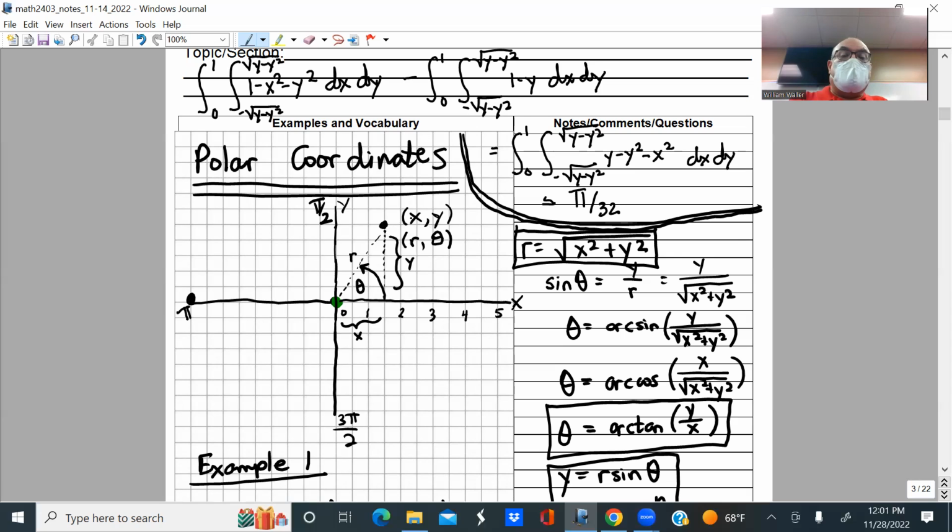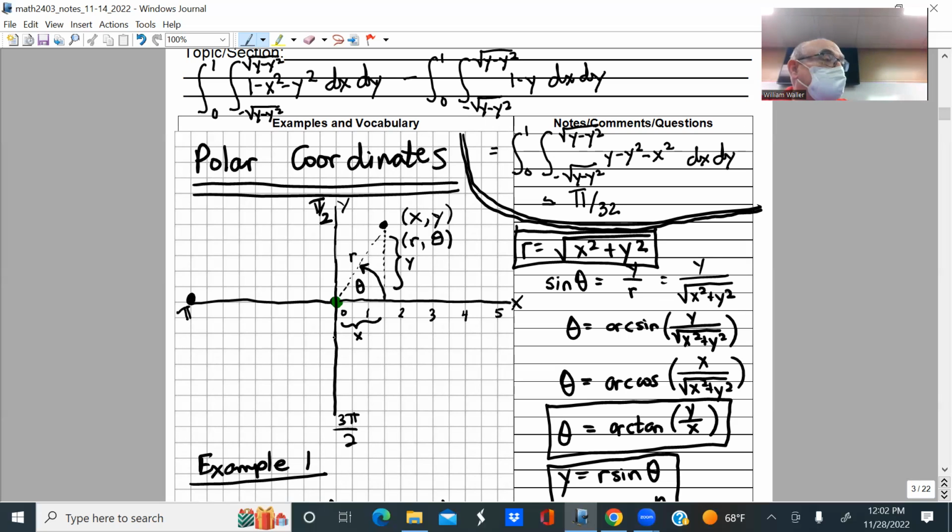You have the 2 coordinates and they give the location of your point relative to a horizontal axis, usually called the x-axis, and also relative to a vertical axis, usually called the y-axis. So that's our beloved Cartesian coordinate system.